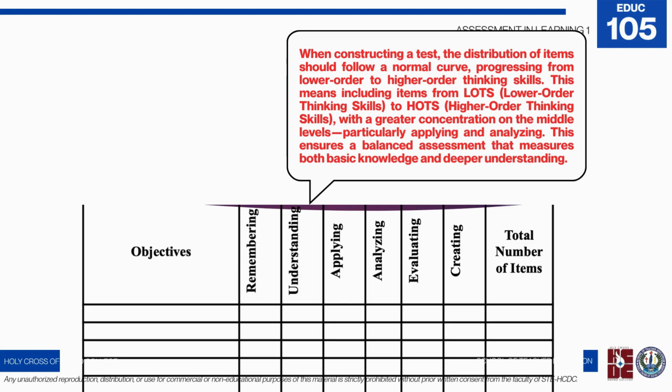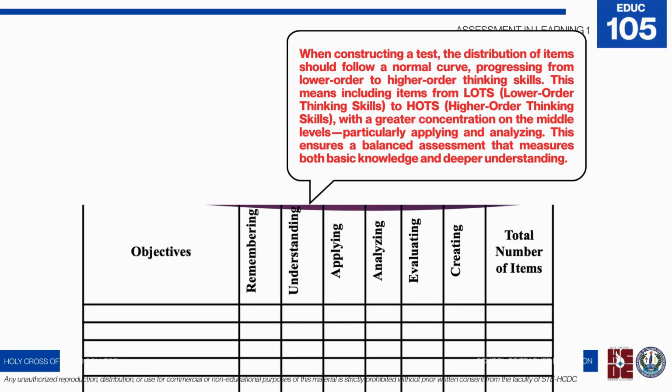In other words, it progresses from lower order to higher order thinking skills with a greater concentration on the middle levels, particularly on applying and analyzing. But take note that it will still depend on the learning competency that we have. That would be the limitation of this type of TOS.